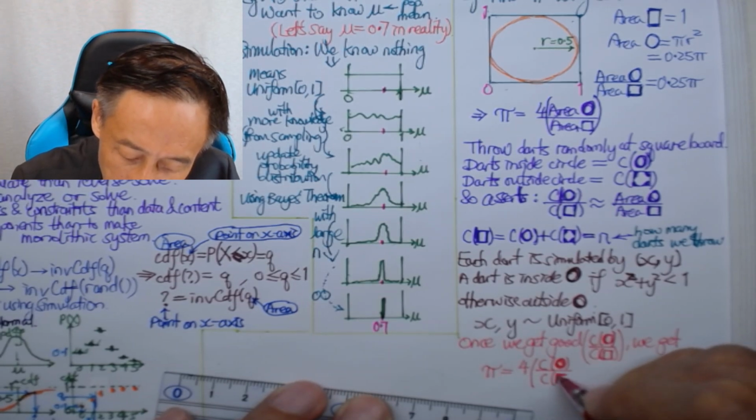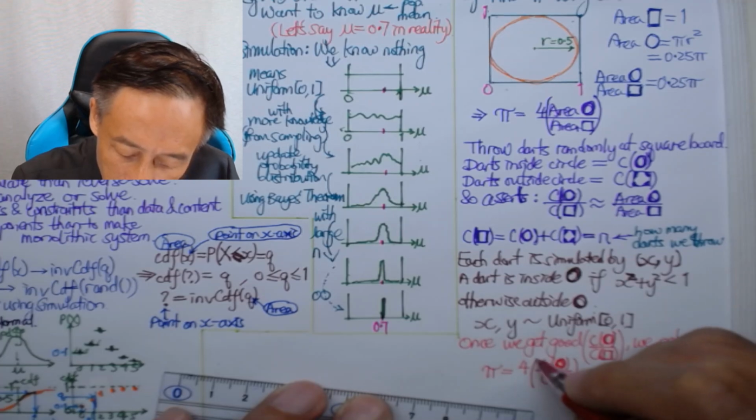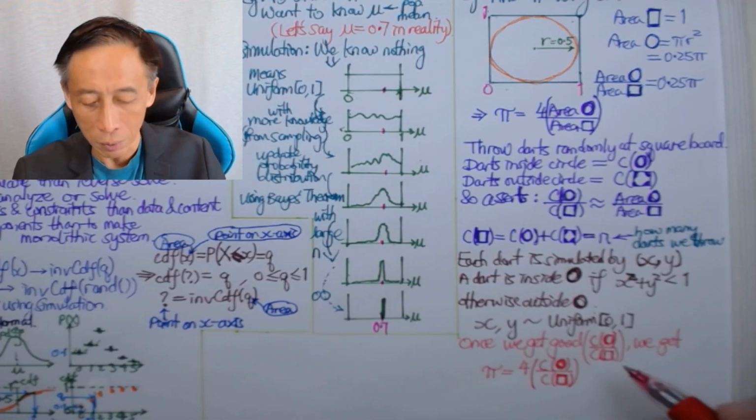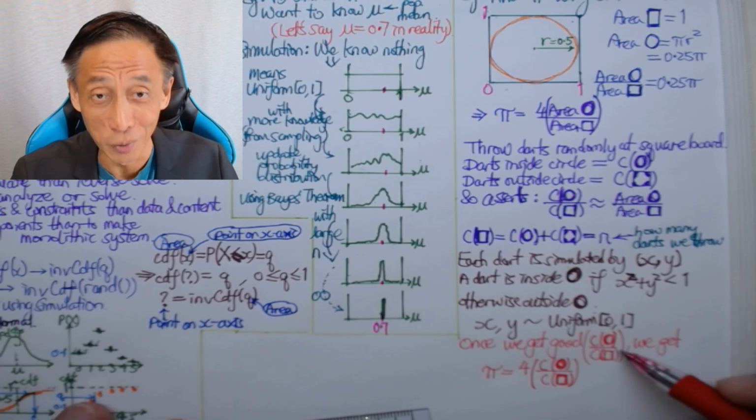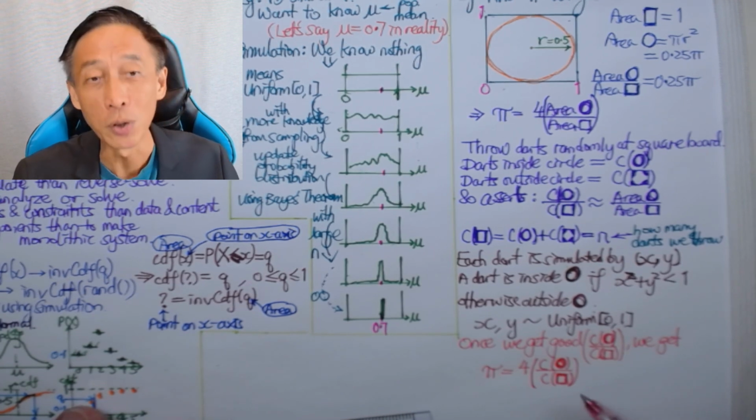When we say a good value, it means our n is large enough and we have finished the calculation. If we have to wait 1 hour, we should get a good value of this. But we're not going to do 1 hour.